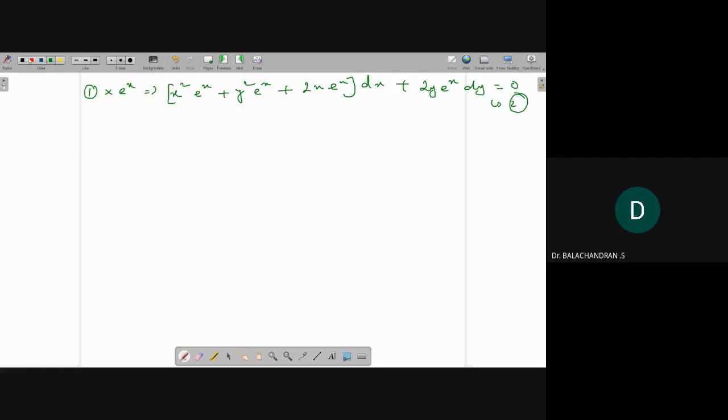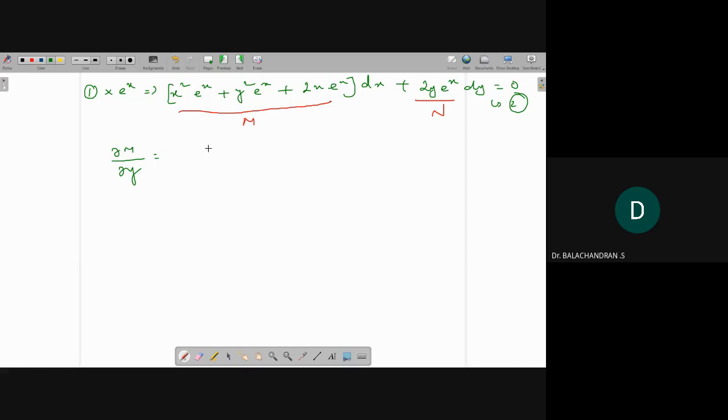Now this is M. So ∂M/∂y equals, only here we have a function of y. The first and third terms give 0.